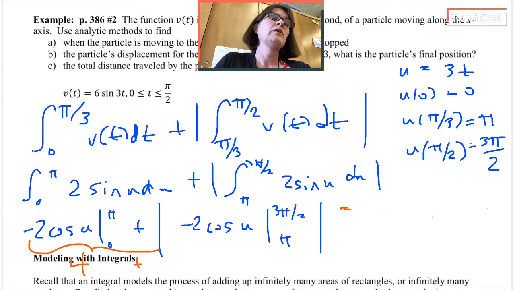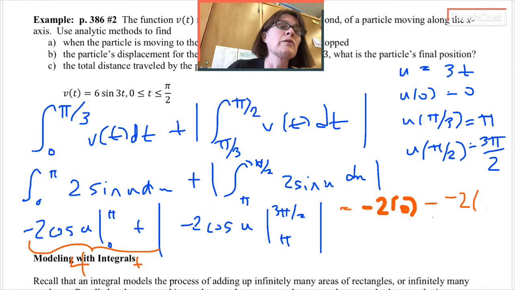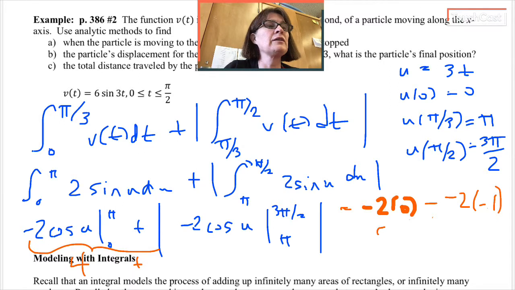negative 2 cosine of 3 pi over 2. Well, cosine of 3 pi over 2 is 0, so that's negative 2 times 0, minus negative 2 times the cosine of pi, which is negative 1. So it's going to be 0 plus negative 2.